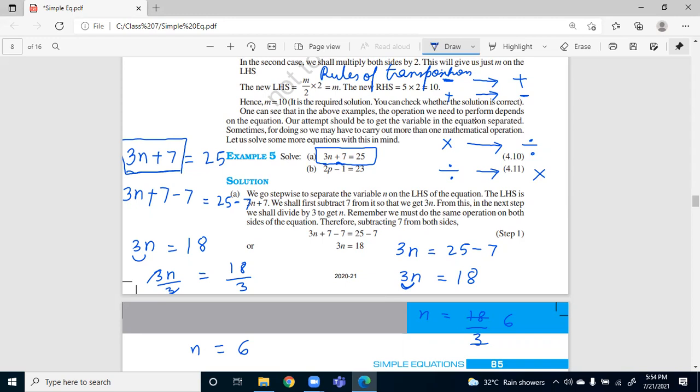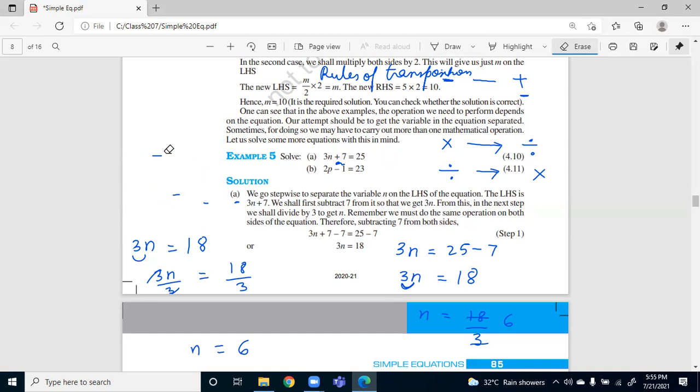Written, ma'am. Okay, so I'm showing you how to solve the B part by rules of transposition. And you have to help me. Ma'am, it's 2p minus 1 is equal to 23.